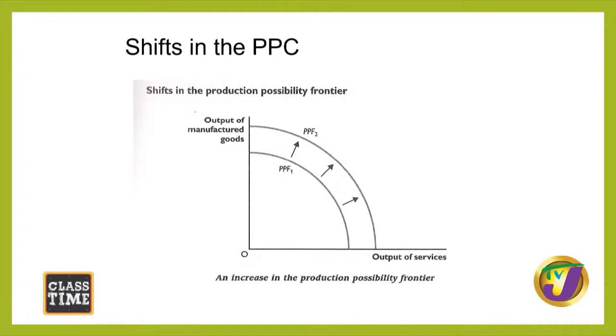And then now there's an outward shift to PPF2. This represents what we call economic growth. Now, what would cause the economy to be able to produce, in this example here, more manufactured goods and more services? Let us look at some of these factors.